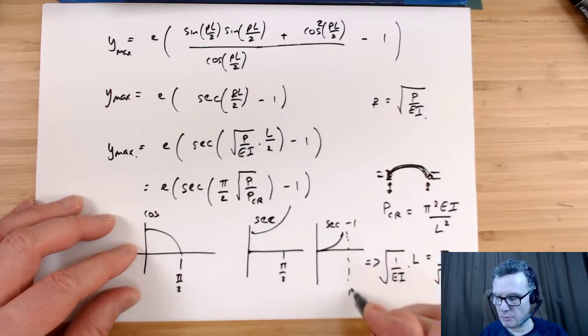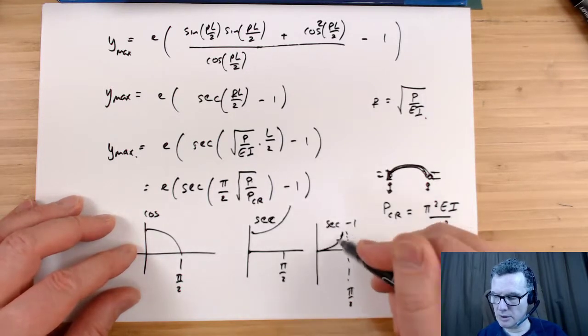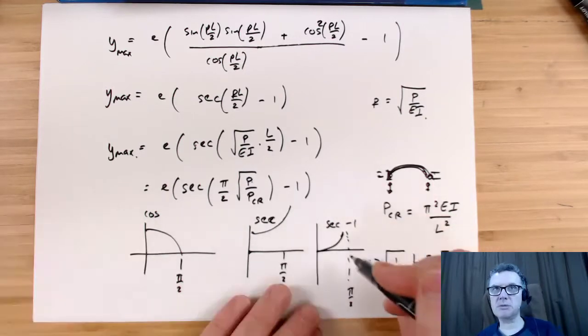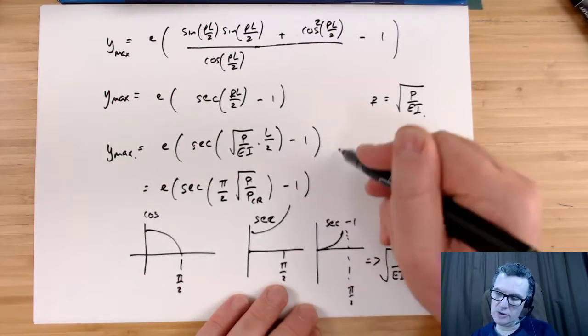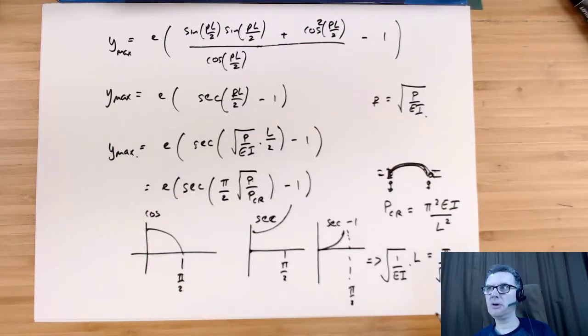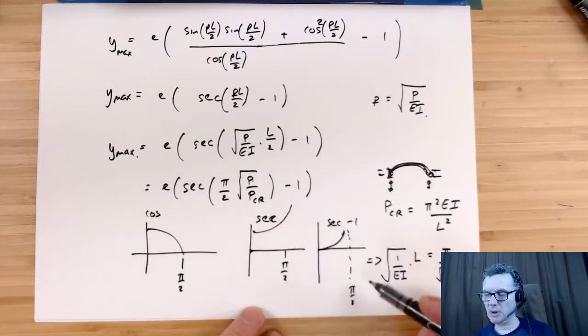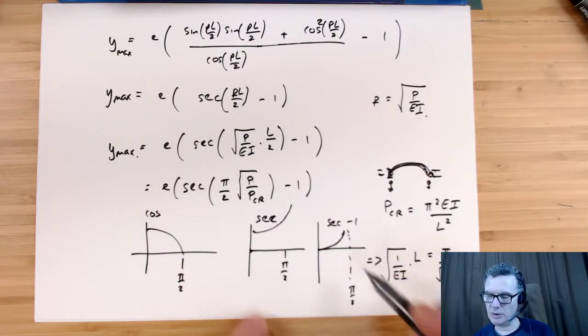So when we have pi over 2 here, this looks a bit like a kind of exponential function where it zooms off to infinity when pi over 2 there.